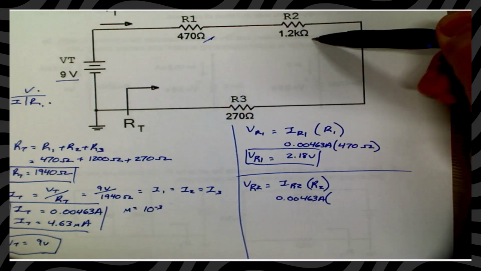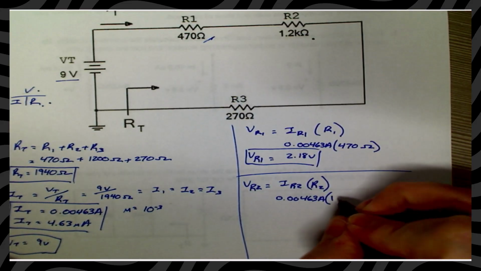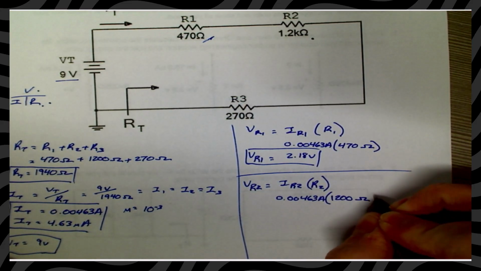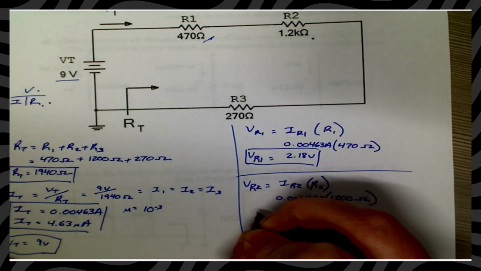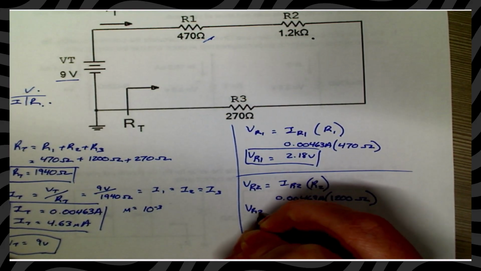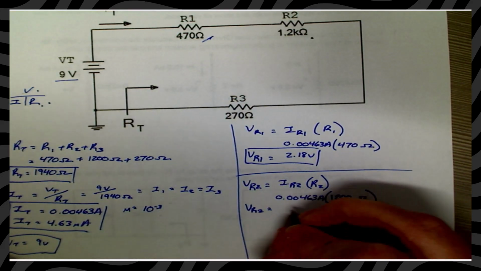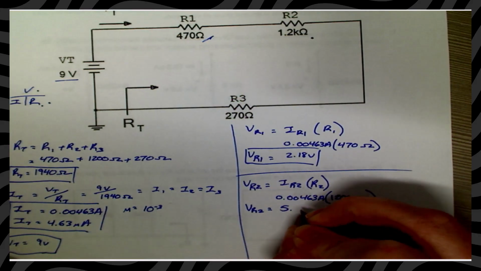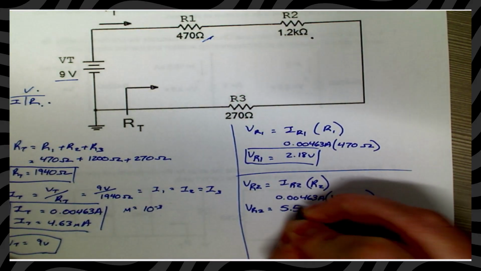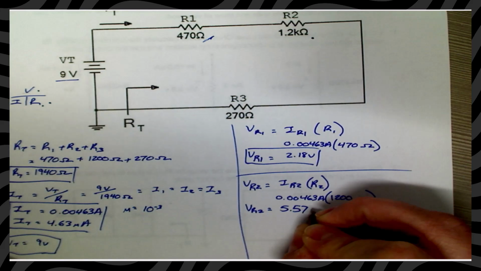This one is 1.2 k ohms, so we're calling that 1200 ohms. Doing that, VR2 is equal to our current multiplied by our resistance, so we get roughly 5.57 volts.